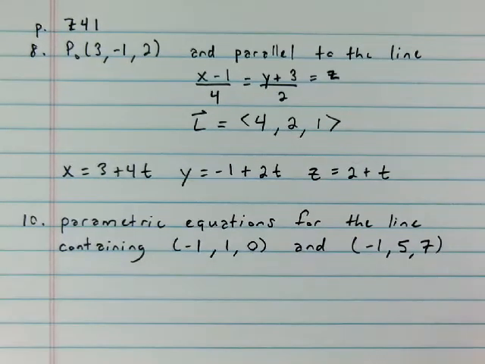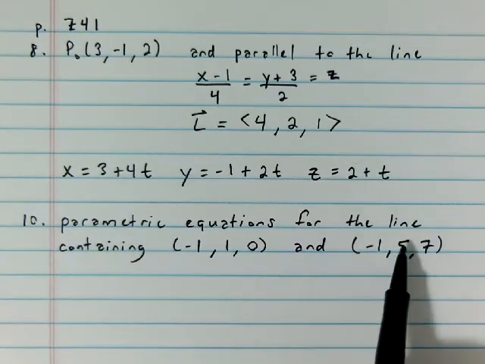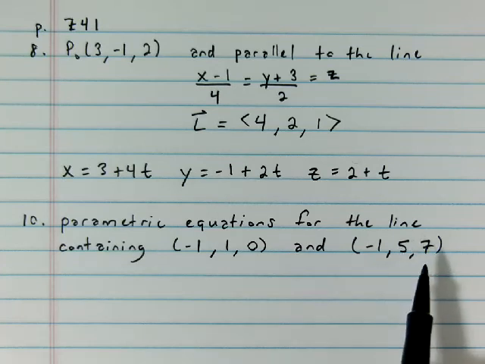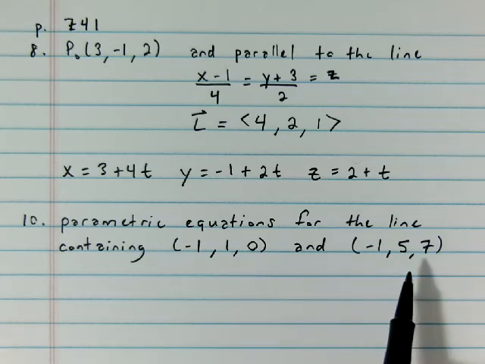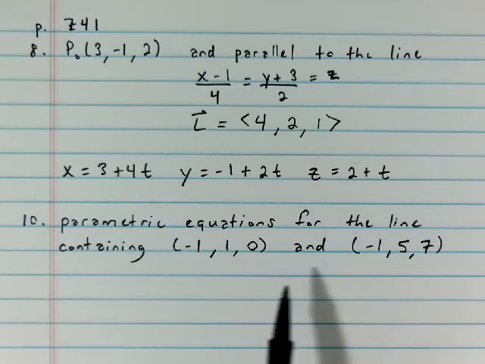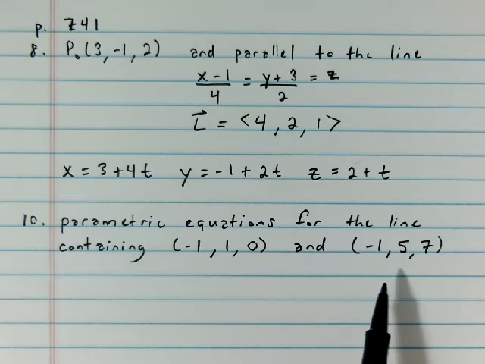So when you see equations for a line, you immediately ask yourself, can I find a point on the line and a vector that's parallel to the line? We have 2 points on the line, so you pick whichever one you want, and either one will work fine for finding the equation. Now what we need is a vector that is parallel to the line.